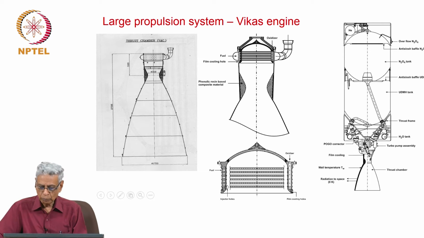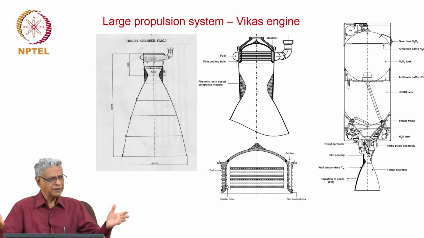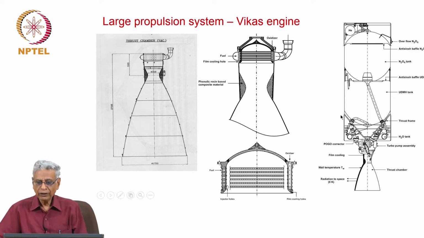And well, you will see the actual system. You have turbo pump assembly here, and the point to notice is this becomes really red hot when, if you see the system operating, this becomes red hot and radiates into the space, which is taken at 0 Kelvin. And you have containers for propellant tanks here, and the liquid is stored here.